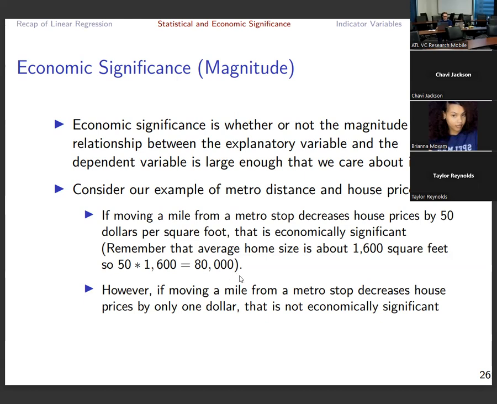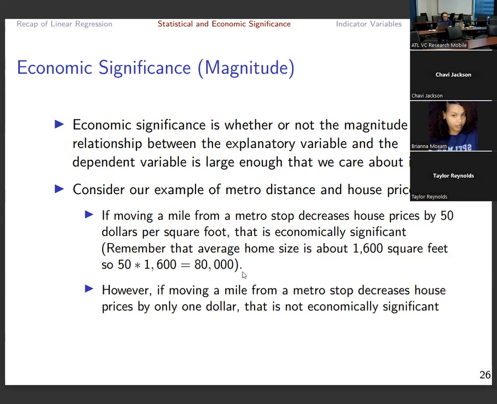And that's all we're saying here: even if you reject the null, it doesn't mean that it's still important from an economic standpoint. The number may be so small, or trivial in terms of your decision, that you just simply say, yeah, I know that I'm rejecting the null, but it doesn't have any impact.